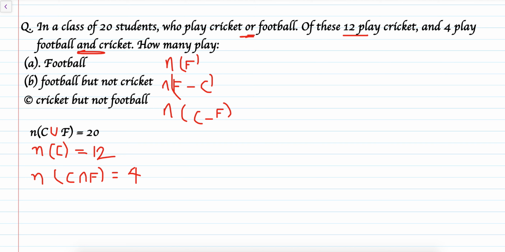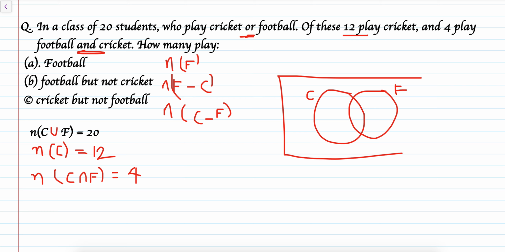So we will draw a diagram. So this is our C, this is our F. So this complete region is 20, these two combined. And this C part is 12.